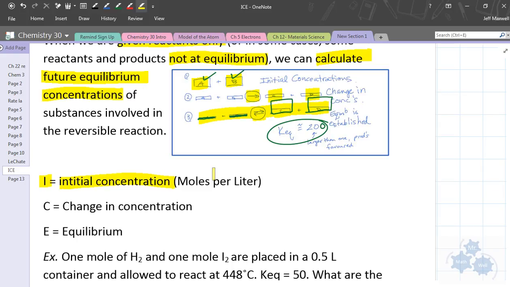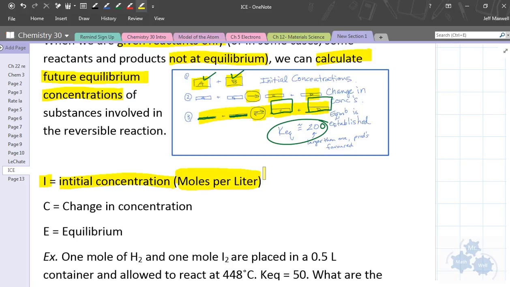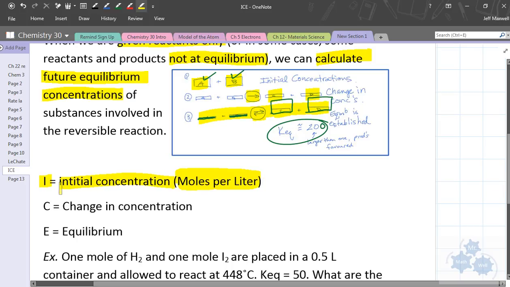Initial concentrations, that's what I stands for. And remember, please, always in moles per liter. Capital M, molar. Not grams per liter, and not just moles either. It's got to be concentration. So moles per liter. Amount per volume. Concentration.